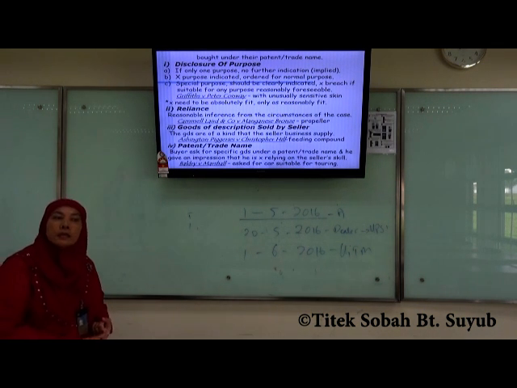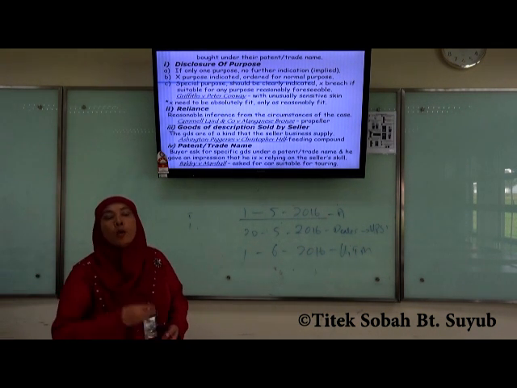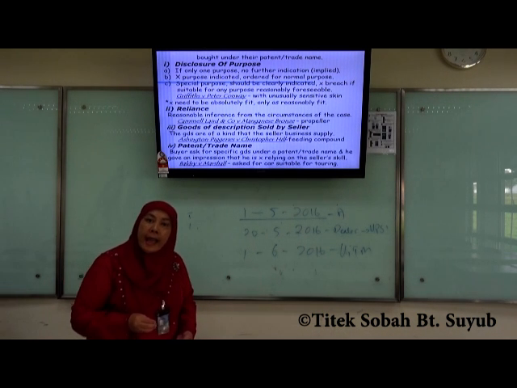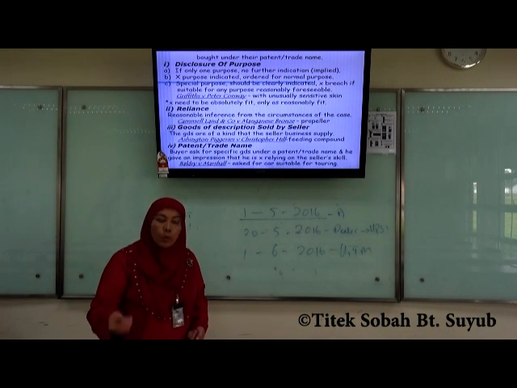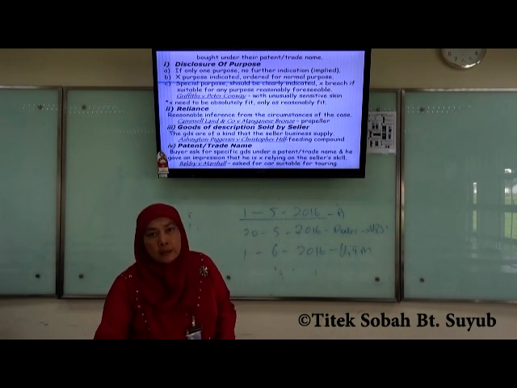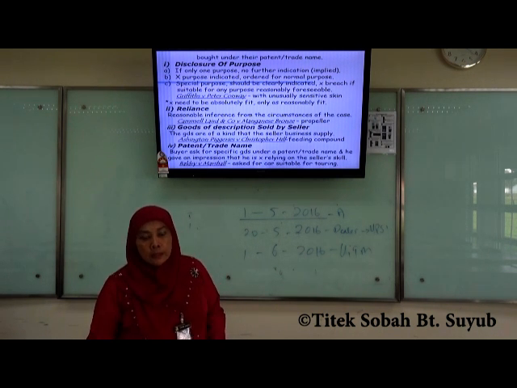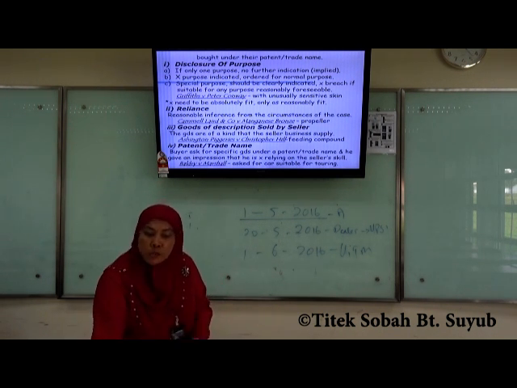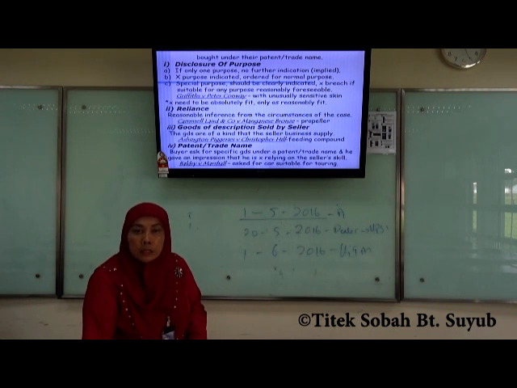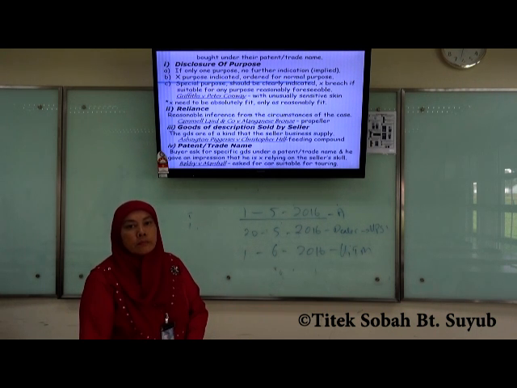Number 1, if the buyer had already made known to the seller why he is buying the said goods, what is the purpose, he disclosed to the seller. He told the seller, I wanted to buy the shoes because I want to play badminton. Then if it's not suitable, of course he can return the said goods.